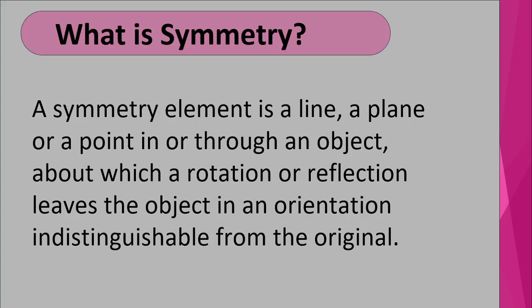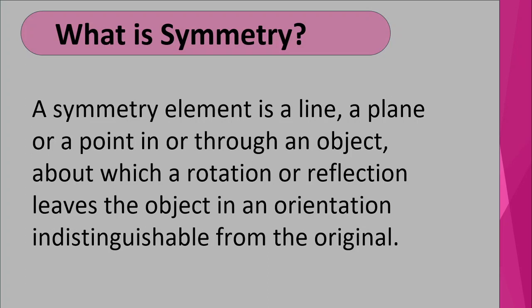The position of atoms will change, and we should get an orientation indistinguishable from the original. So what is the meaning of indistinguishable from the original? We should not be able to identify which is the original one, irrespective of the numbering or the labeling of atoms.